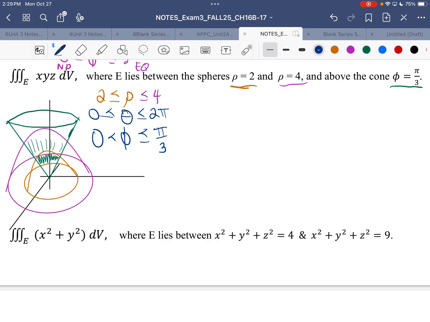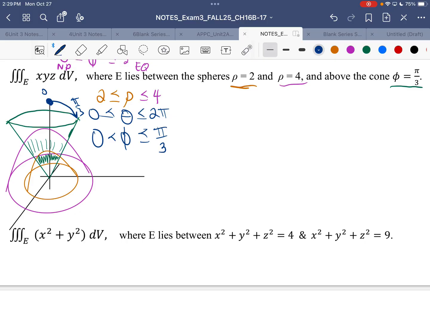Below is like, if I have a bowl, the table is underneath the bowl. I think another way that above the cone makes sense is, where does phi start? It starts at 0, so we're going from 0 until pi over 3, which is kind of above it, 0 to pi over 3.